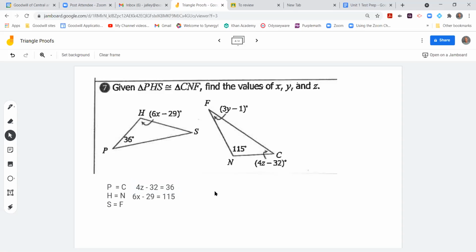X is easy. Figuring out what Z is also easy. But I got to know what angle H is in order to figure out what angle S is. So if I add 29 to both sides of that, 6X equals 144.